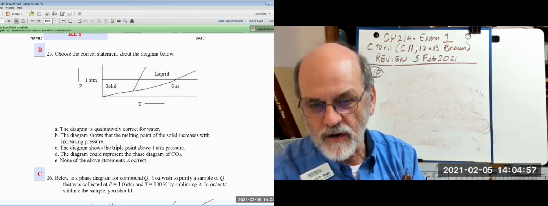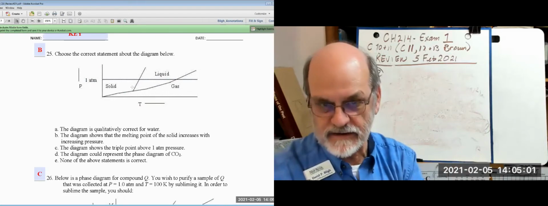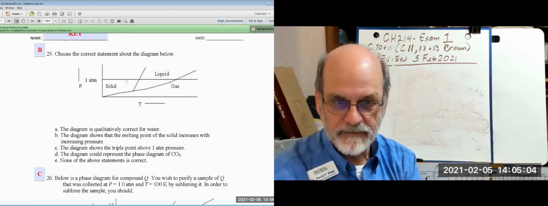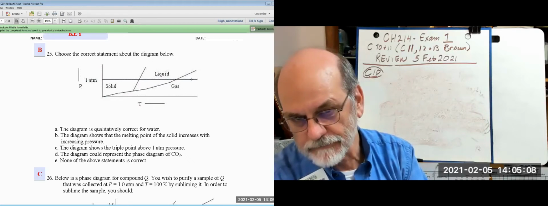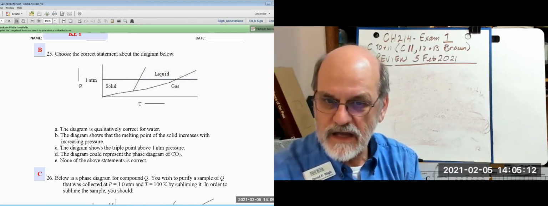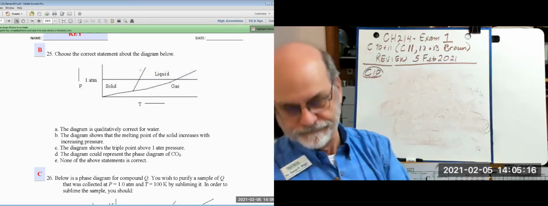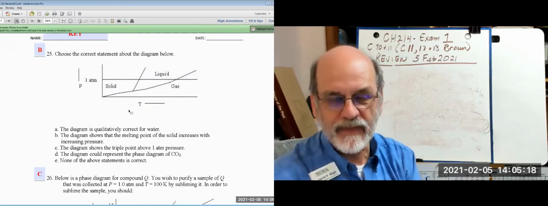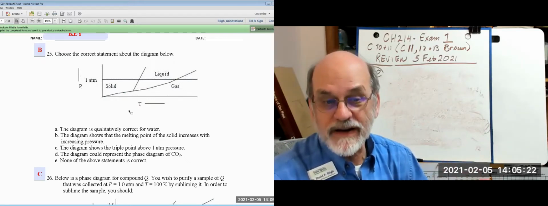And these lines are there to divide the different phases. This is a phase diagram. And 1 atmosphere is marked here with this horizontal line. Okay, so the phase lines are here, here, and here. Choose the correct statement below.